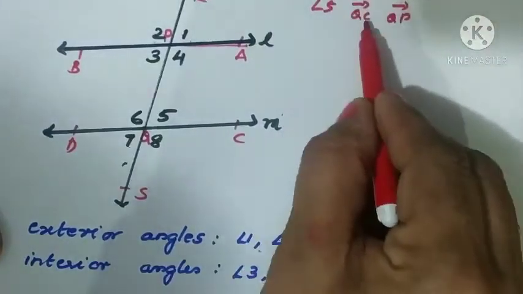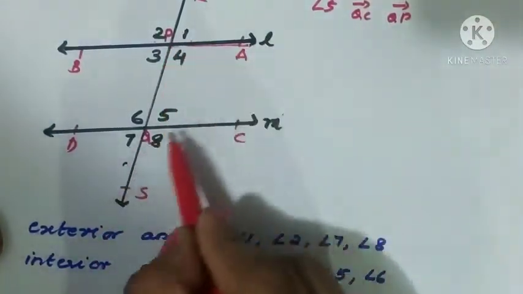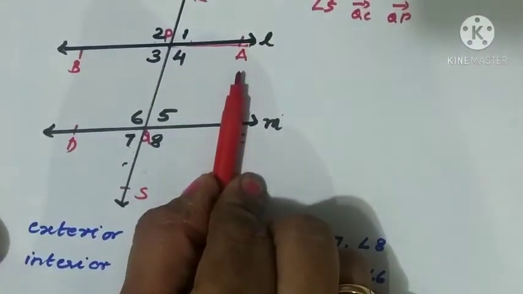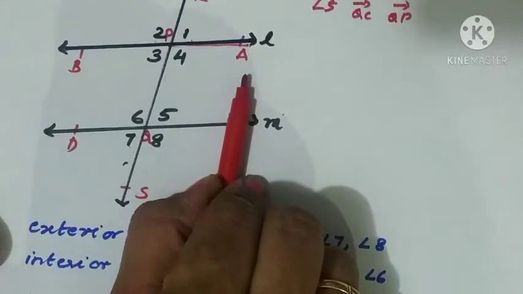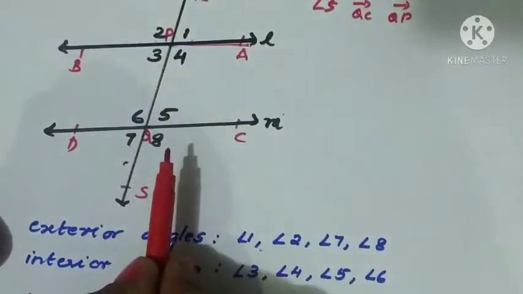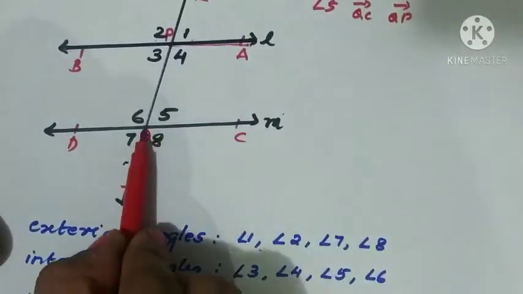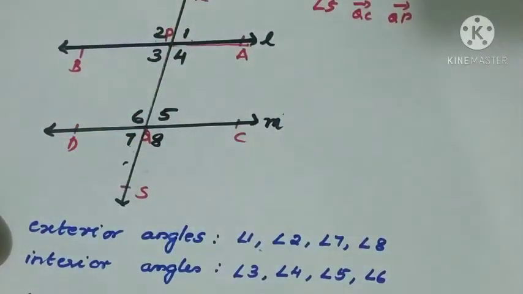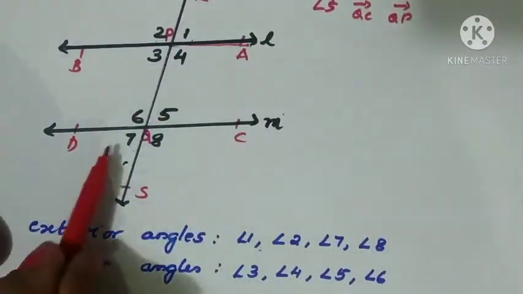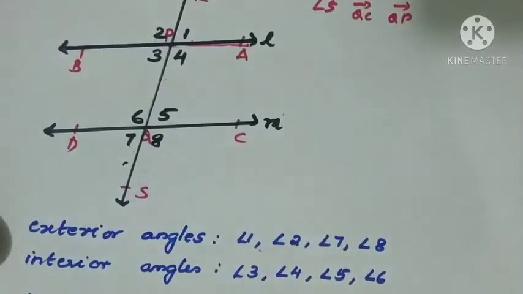Now, PA and QC, you take PA and QC, they are on the right side of the transversal. And PR, the direction is upward, and QP is also along PR only. So one arm lies on the same side of the transversal and the other arm has the same direction.